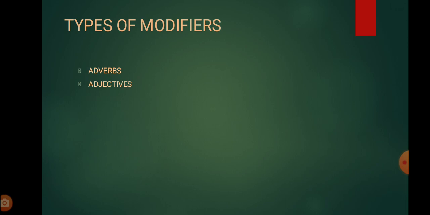We have adverbs and adjectives. Adverbs and adjectives are part of the traditional parts of speech that we have in English: noun, pronoun, verb, adverb, interjection, preposition, conjunction, then what? These are the traditional parts of speech that we have.